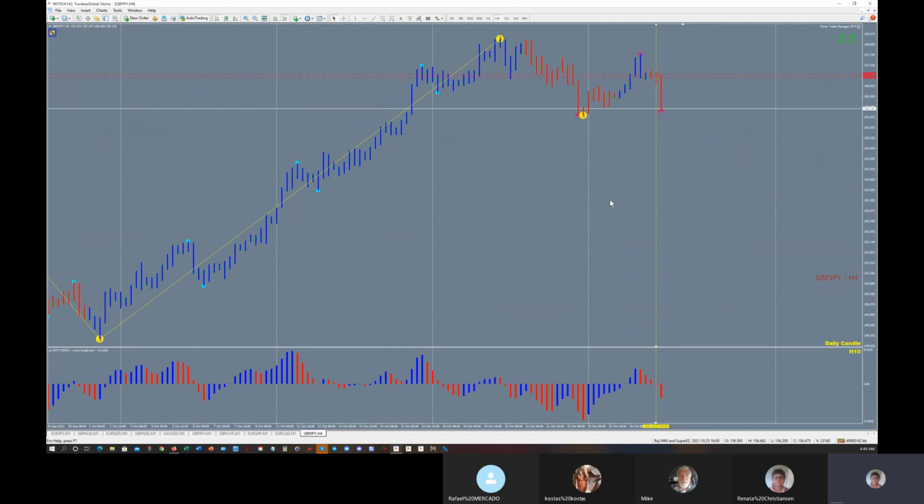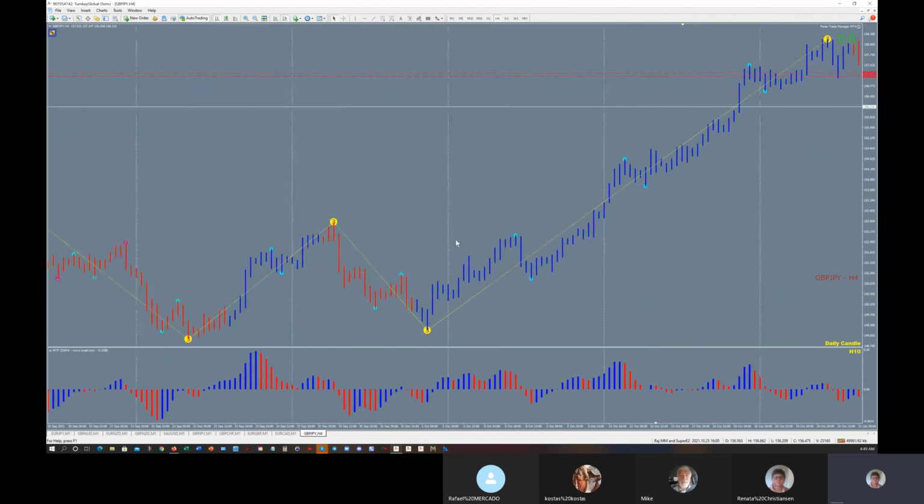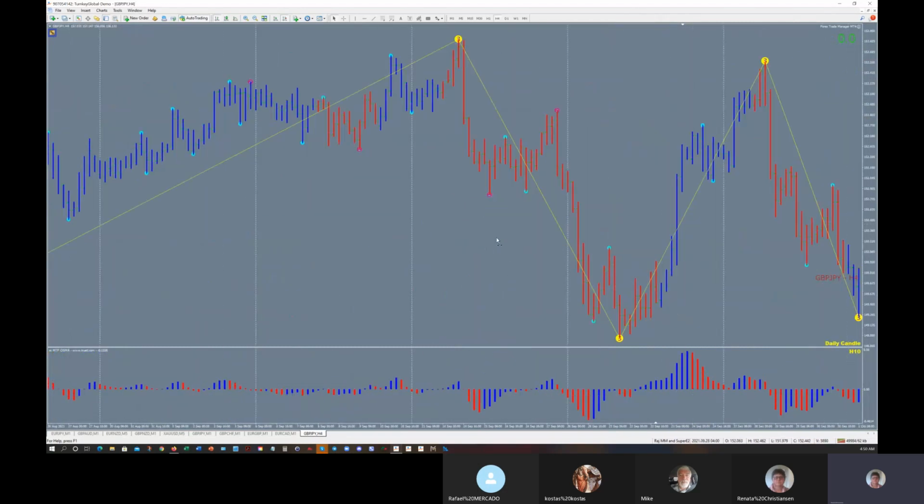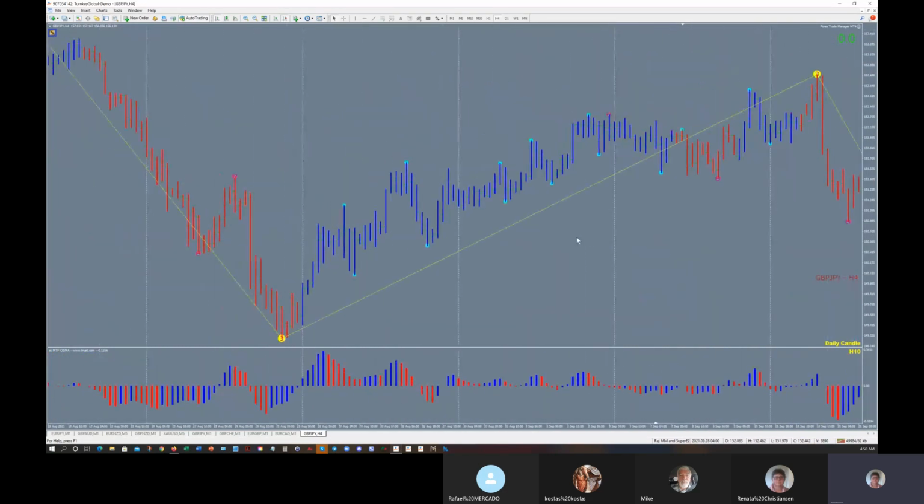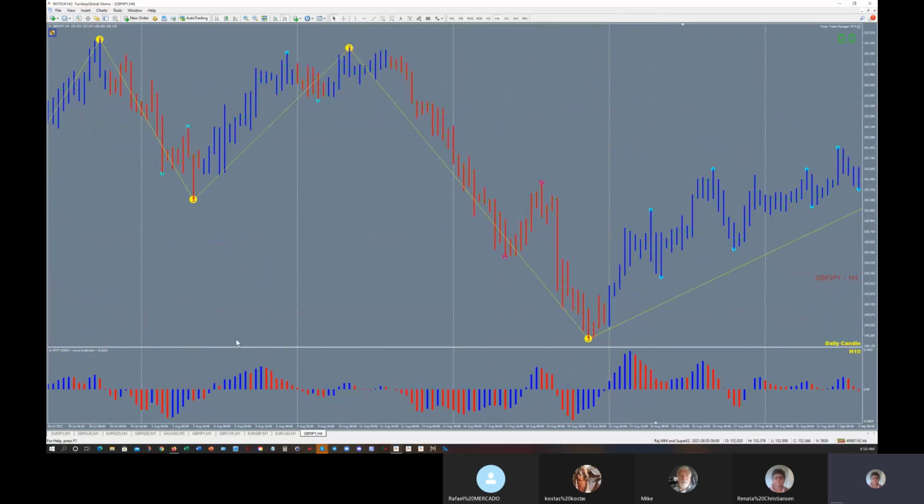I know I went fast on this trend. I probably cherry-picked this trend. I don't have enough data to show you the whole thing, but let's take another pair. Let's take a pair that doesn't move as much. Euro USD, let's say.